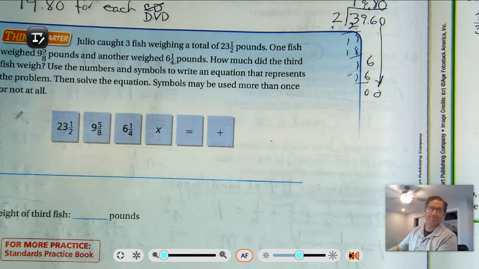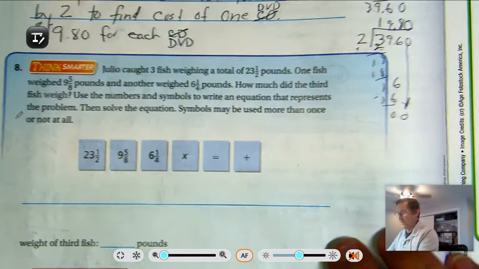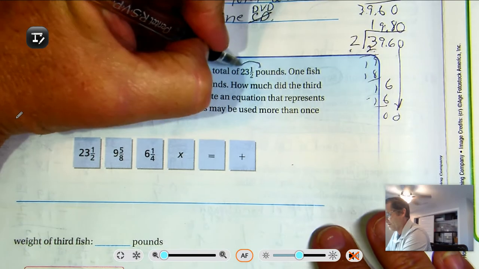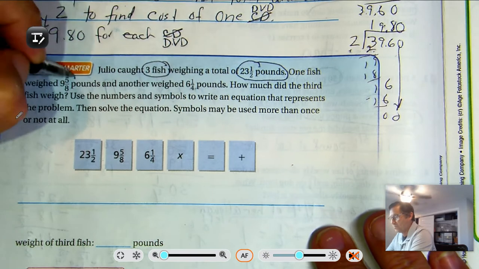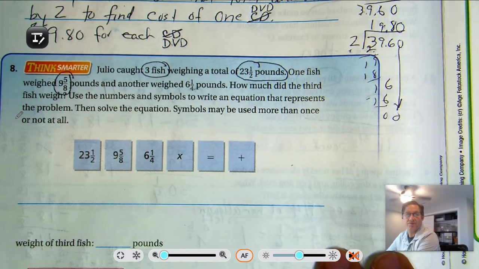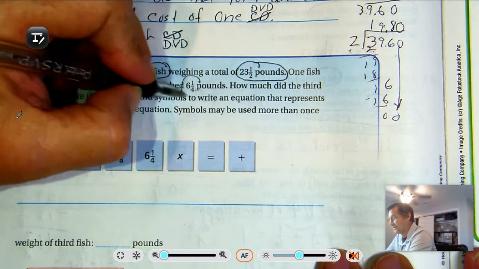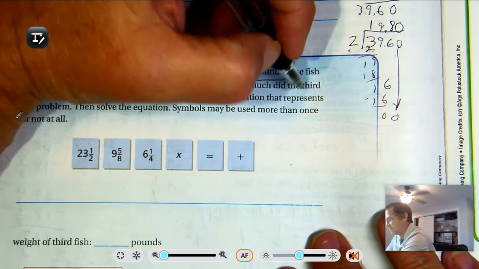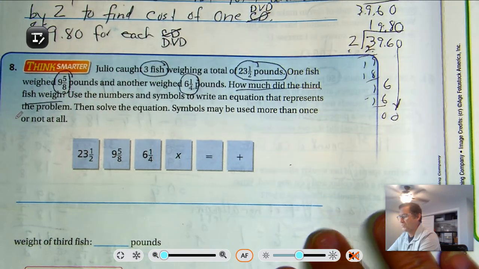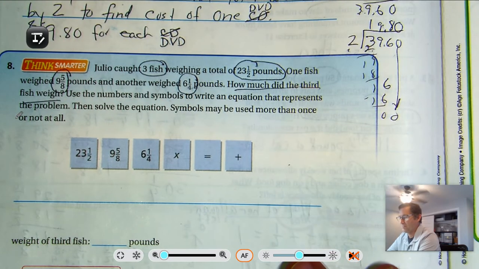And number 8. Julio caught 3 fish weighing 23.5 pounds. One fish weighed 9 5/8 pounds. Another weighed 6 1/4 pounds. How much does the third fish weigh? Use numbers and symbols to write an equation that represents the problem.